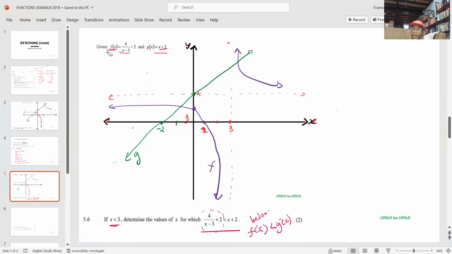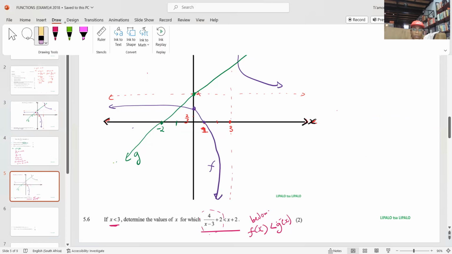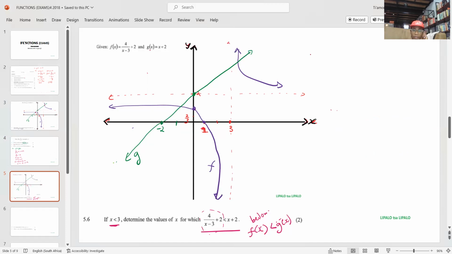So it means that I'm going to look at 3. Here is 3. So I focus on this part here. Less than 3, x less than 3.